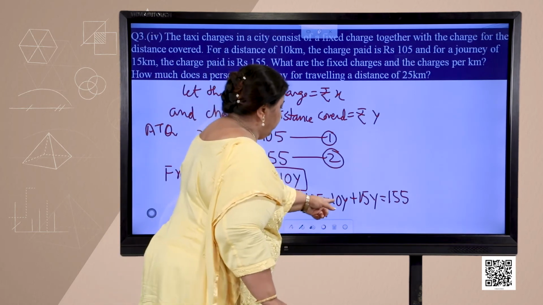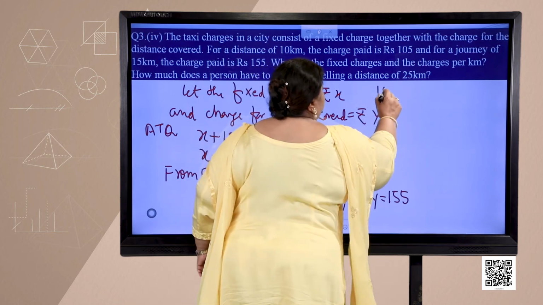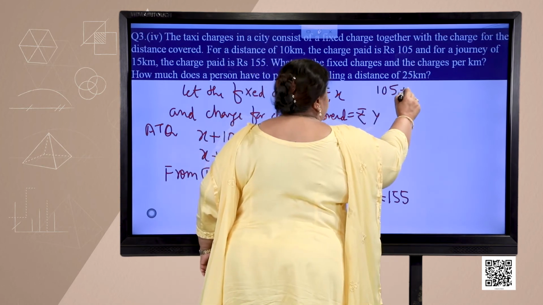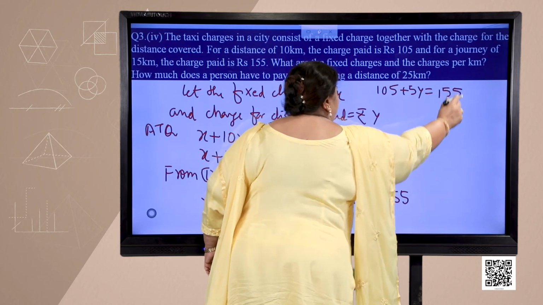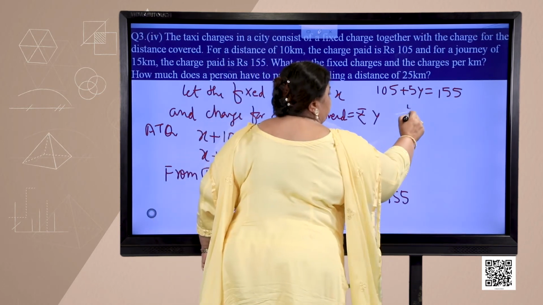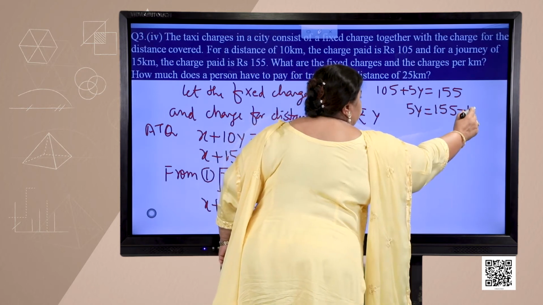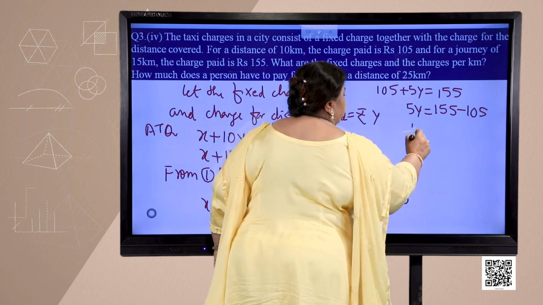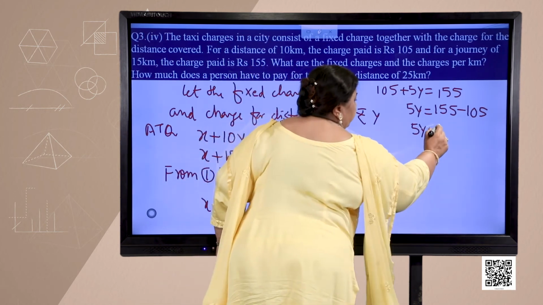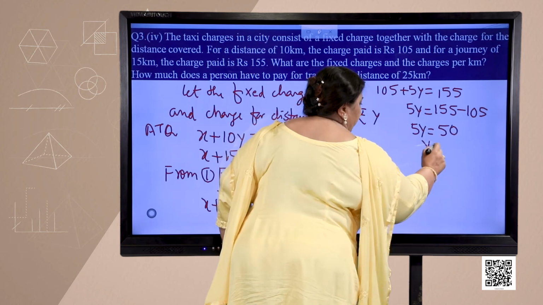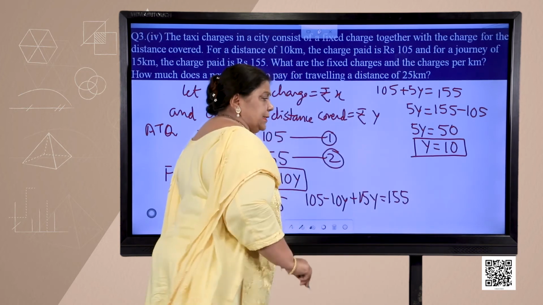So, what is 15y minus 10y? It is 5y. So, 105 plus 5y is equal to 155. So, 5y is equal to 155 minus 105. That gives me 155 minus 105 is 50. So, y is equal to 10. We have got the value of y as 10.